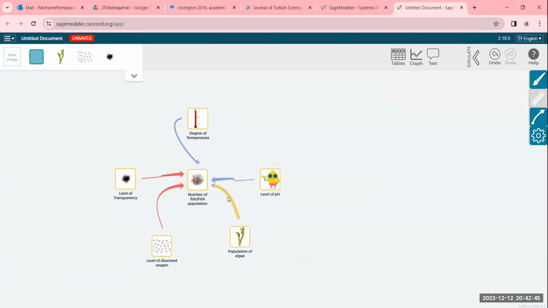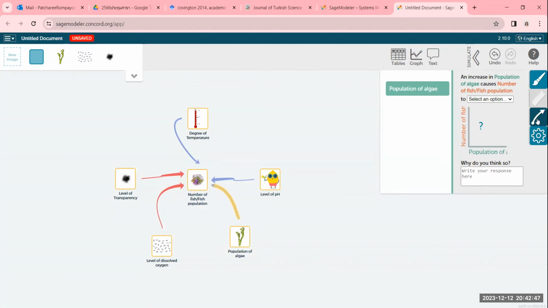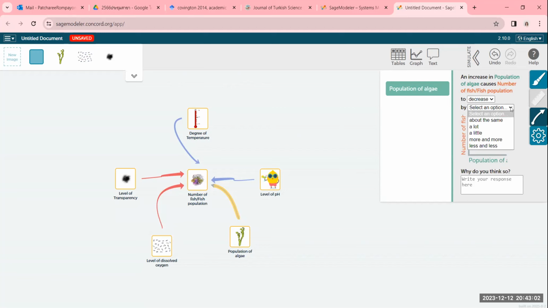Yeah. This one is: increase population of algae causes the number of fish to decrease. Less and less. Is it correct? Okay.